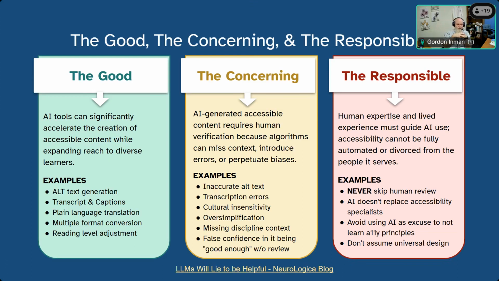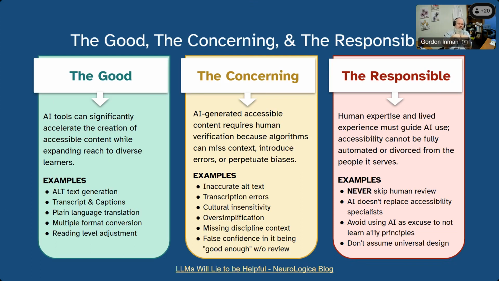And so the concerning aspects: AI, just like humans, can make mistakes. And so we can't necessarily just trust it as is. And just like humans, we have our own biases and things like that, and it's been trained on human content and information, and so it inherits those things from us.